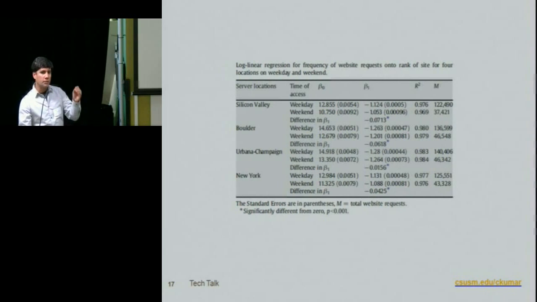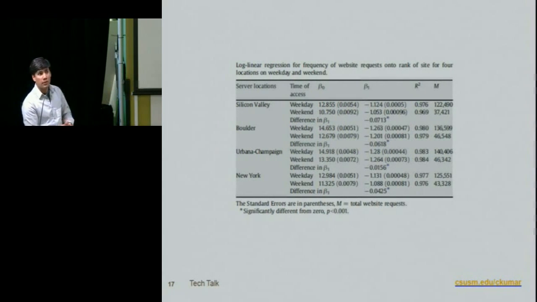Beyond that, in order to see the differences between weekday and weekend, we once again used our earlier method of the paired sample test statistic to see the difference in beta 1 coefficients. And when we do that, you'll notice that for all those 4 locations, the absolute value of the beta 1 coefficient is indeed lower for weekend compared to that of weekday, which tells us that the shape of the long tail is indeed less steep in the weekends, which means that the weekend has more diverse requests at each of those 4 locations compared to weekdays.